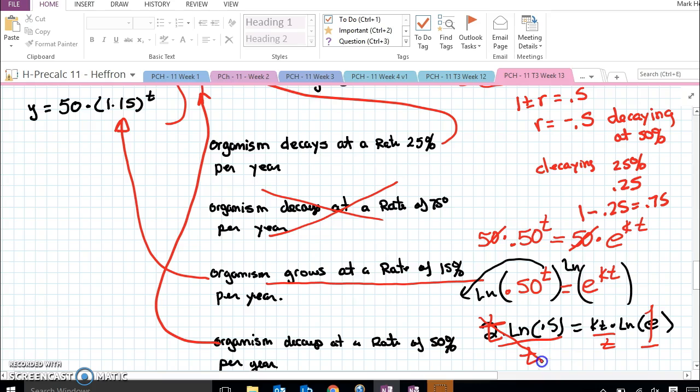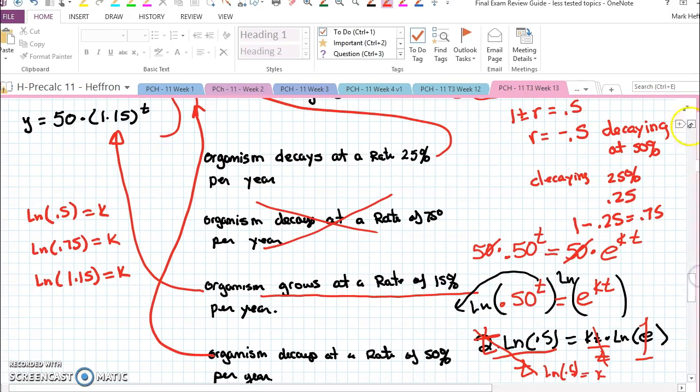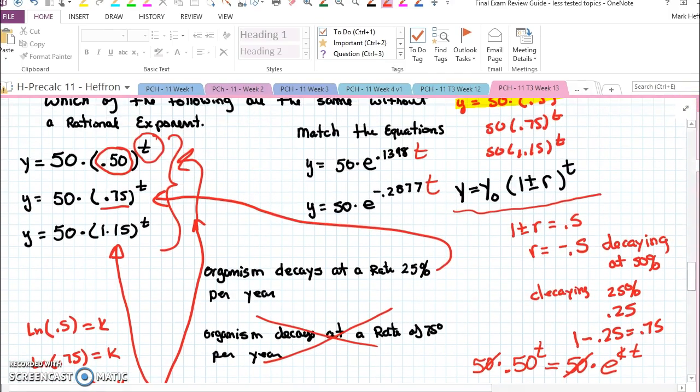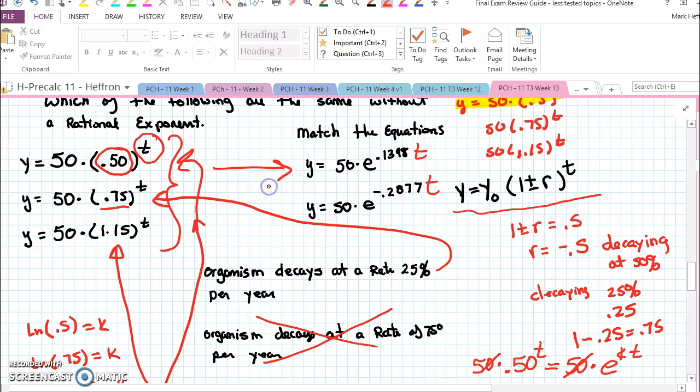Dividing by t, the t's cancel, and k equals ln of 0.5. So in all of these cases, if we look at natural log of 0.5, natural log of 0.75, natural log of 1.15, these in all cases should give us the k value. And it's easy to see which of these match with which of these.